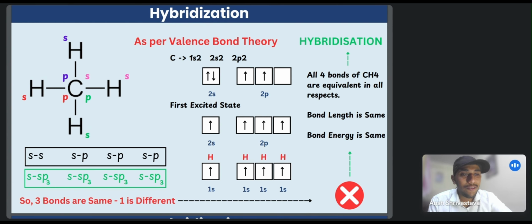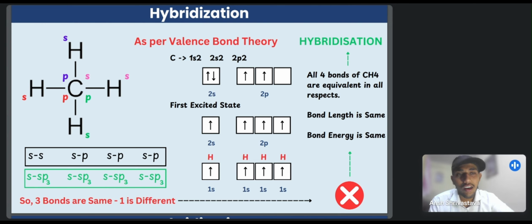hybridization. So finally coming to hybridization, our core concept. As you can see on the screen, first of all we have to go back to valence bond theory, and you can see the example of CH4 mentioned here. CH4 is methane, and valence bond theory initially suggests that carbon forms four bonds with hydrogen by promoting one of its electrons from the 2s orbital to an empty 2p orbital.